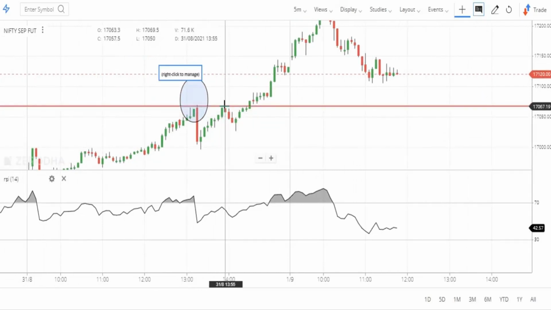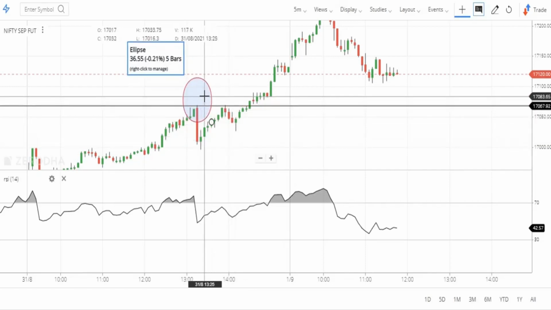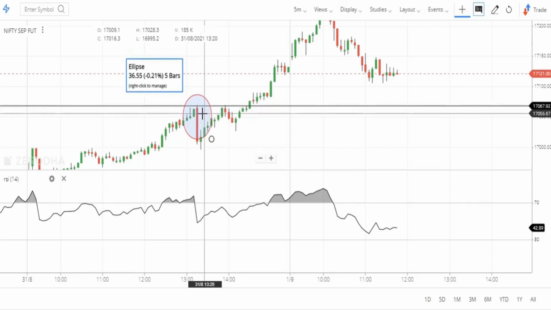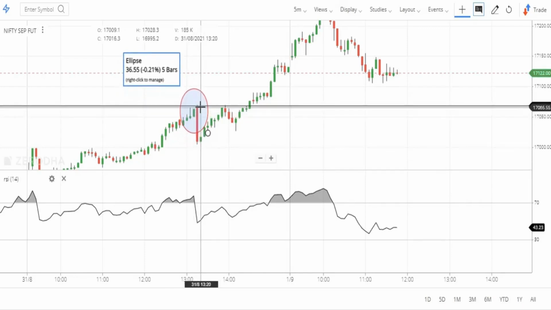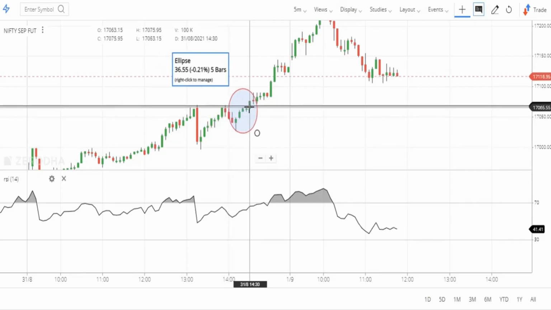Market took another resistance on the same line. So don't get surprised by this because this is how markets work. A support acts as a support another time, a resistance acts as a resistance the next time. So the market took resistance over here, took resistance again over here. All right, and then what happened? Markets broke above the resistance.